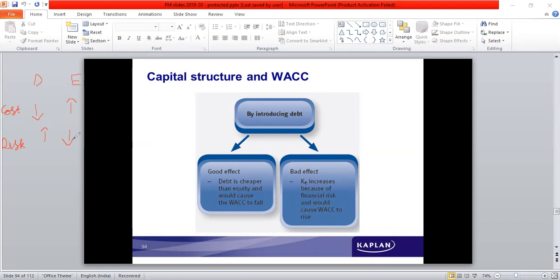Fine. If the cost of debt capital is low, so if debt is introduced into the total capital, what is the good effect? The good effect is debt is cheaper than equity and would cause the weighted average cost of capital to fall. So weighted average cost of capital is the average of the debt capital and equity, assuming only these two are there.